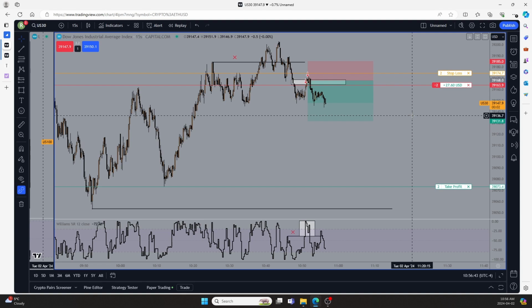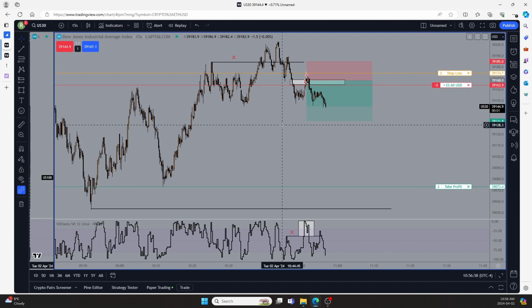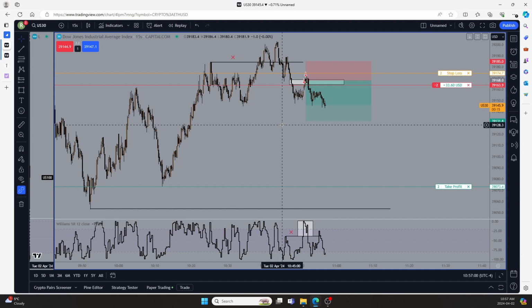Now I'm only risking probably less than 0.5%. So even if it were to take out my stop, I'm losing less than anticipated, and that is a huge win, guys. Traders have to shift their mindset and understand that losing less than your anticipated amount that you're risking is a huge win.